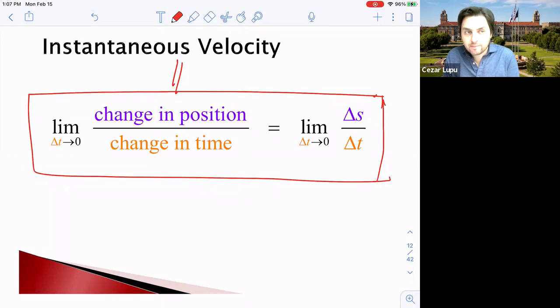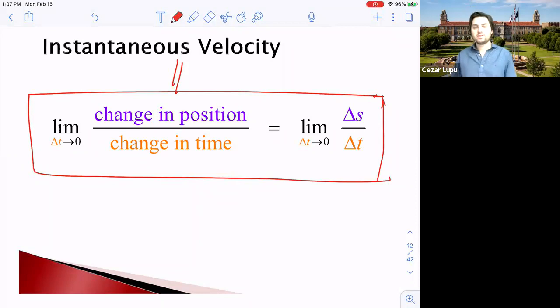So once again, the instantaneous velocity is nothing else than the limit as the change in time goes to 0. So in our case, we'll denote this by delta t, of this quotient, the change in position, which is delta s, over change in time, which is delta t.